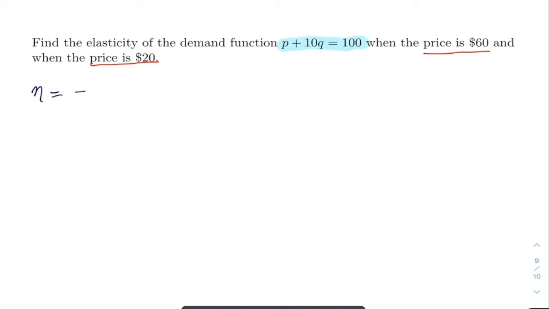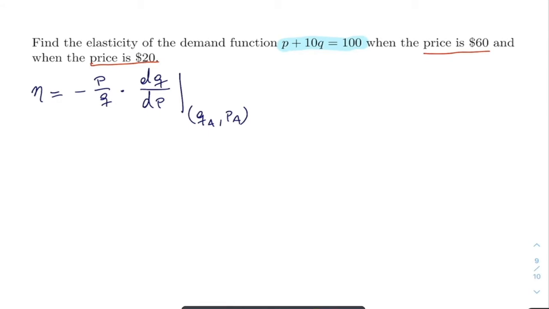It was minus P divided by Q times the derivative of Q with respect to P evaluated at the given point. So probably the best way to start this problem is to try to find this derivative that is involved in this problem. So how do we do that?